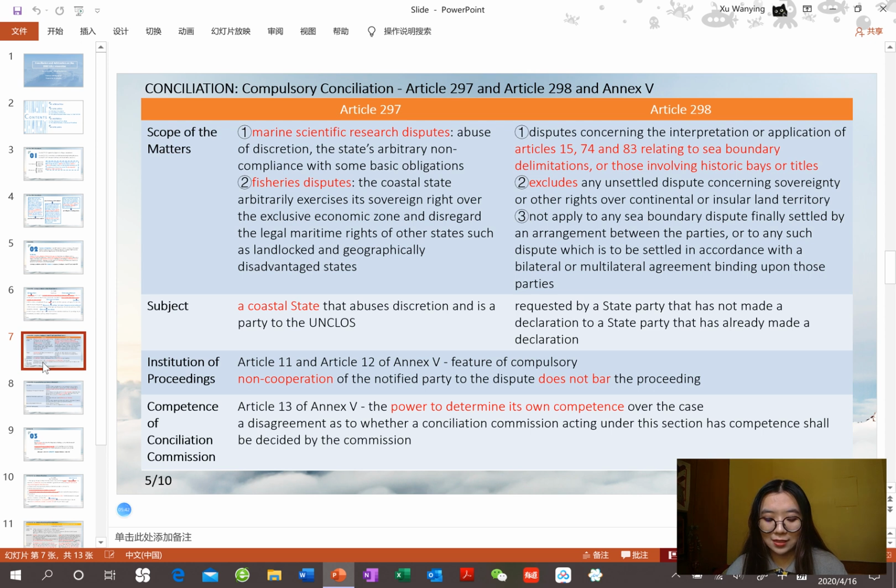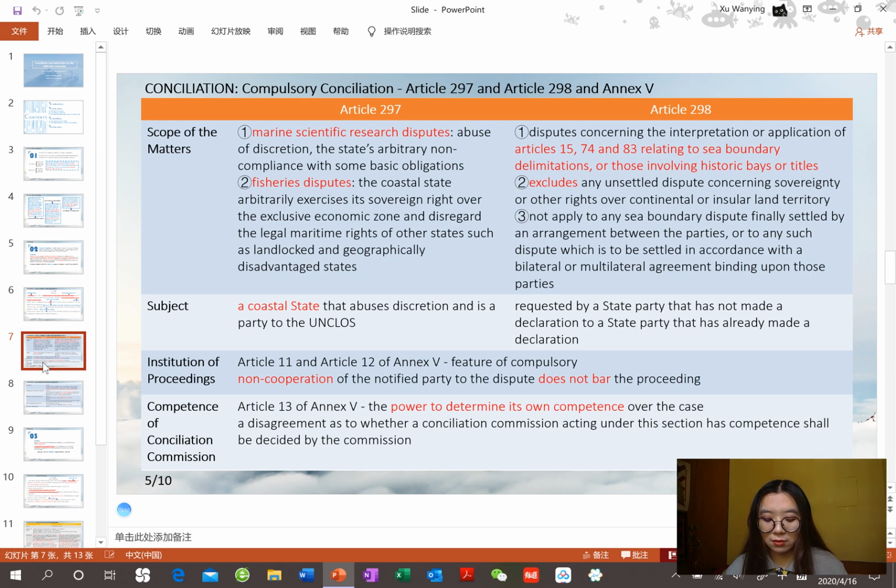Article 298 deals with the exceptions relating to the core interests of sovereignty, that is, disputes relating to sea boundary delimitations or those involving historic bays or titles.